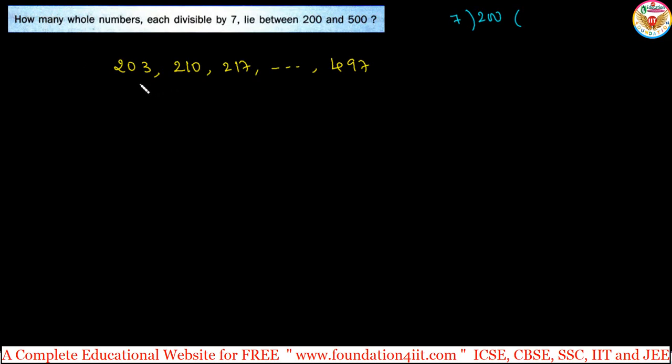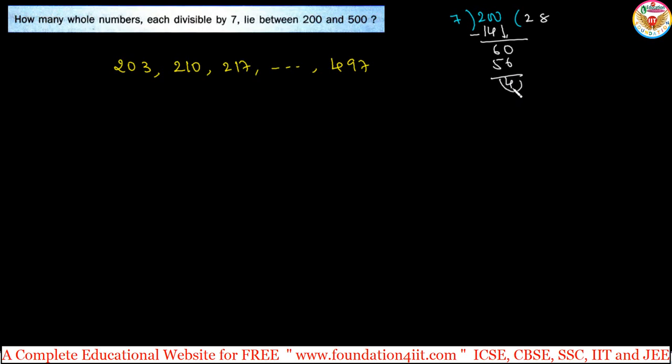If you are unable to find out which number after 200 is exactly divisible by 7, take this 200 and divide by 7. 7 times 2 is 14, 6; next one is 0; 7 times 8 is 56. So 4 is the remainder.